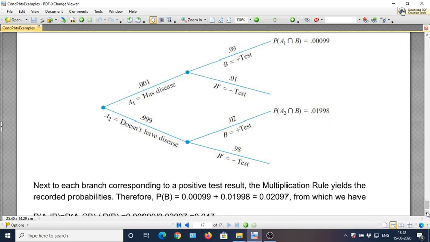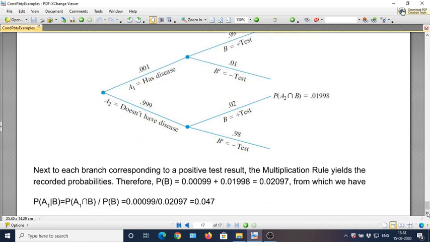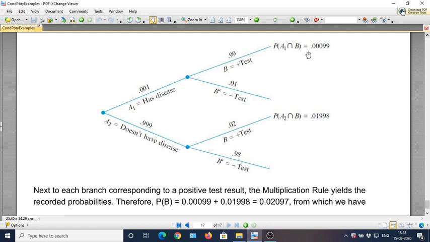Now the question is, what is the probability that, for an arbitrary person being tested, the result will be positive? That is nothing but the sum of these two probabilities. How do we get this? P of B is the sum of these two. What is B? B is equal to B intersection the sample space.